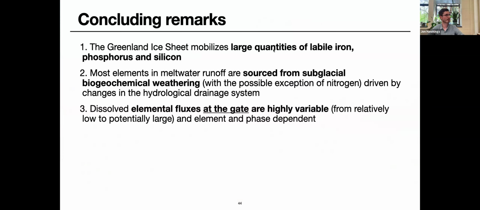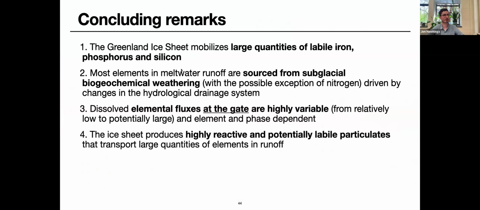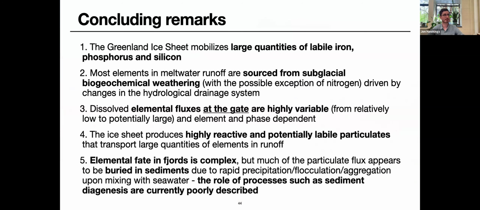So the Greenland Ice Sheet mobilizes large quantities of labile iron, phosphorus, and silicon. I didn't talk about silicon, so I apologize for putting that in there. But the phosphorus in particular doesn't seem to be appearing in the fjord, or is lost somewhere, or is just not at significant enough concentrations to make a big impact. Most elements are sourced from subglacial biogeochemical weathering, with the exception of nitrogen that I talked about.